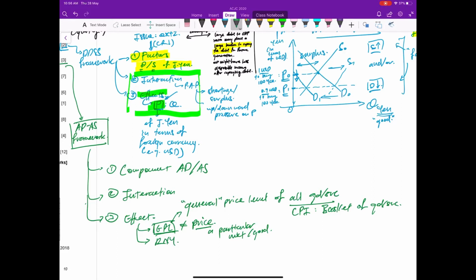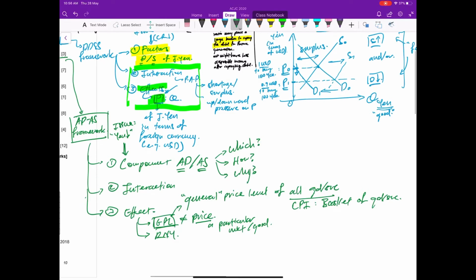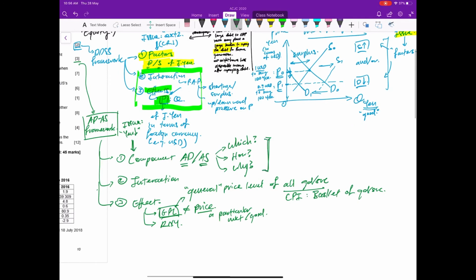So when you have this framework, what is the issue given? The issue is the yen fall in the value. So you need to ask, does the fall in the value of yen affect the AD and or the AS? And how? And why? Okay, this is a crucial focus of the question.